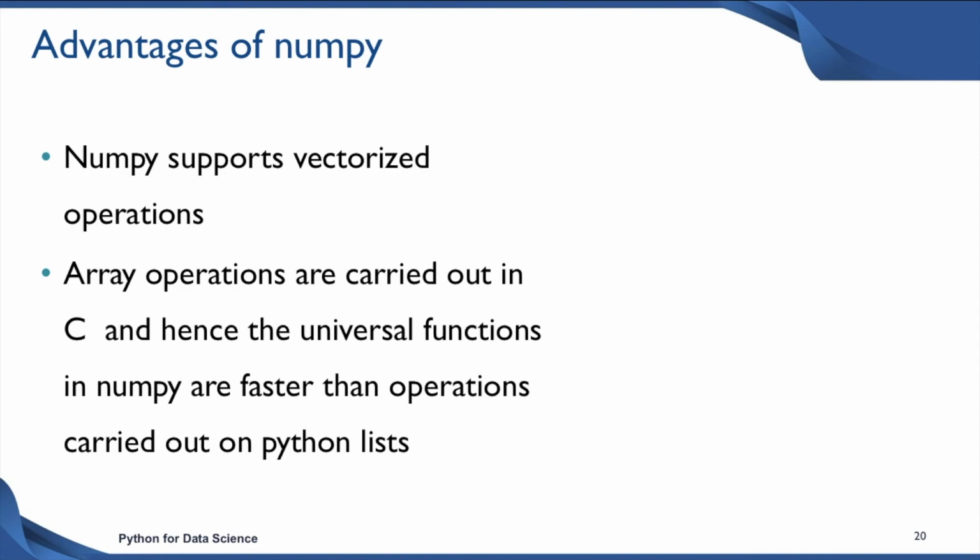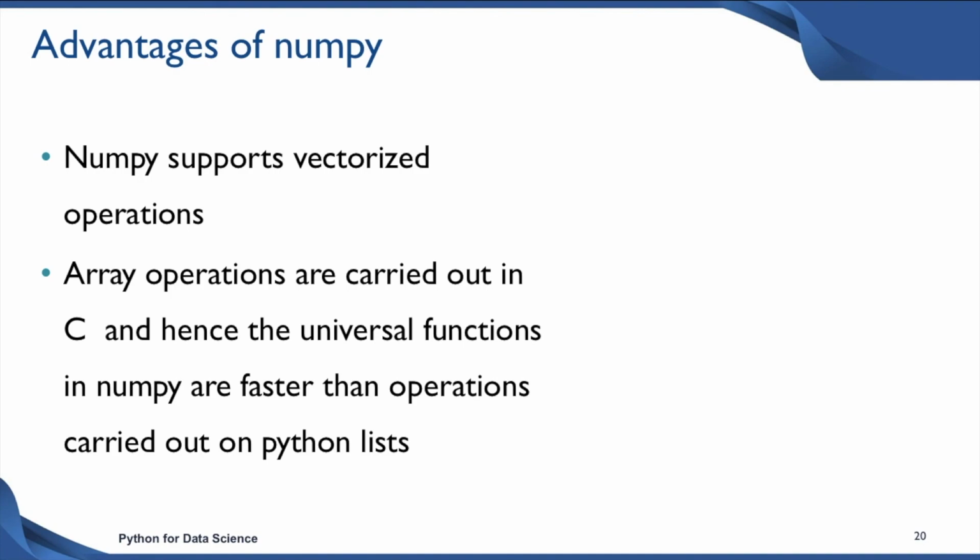Array operations are carried out in C, and hence the universal functions in NumPy are faster than operations carried out on a Python list. Another major advantage is that NumPy arrays hold only integer or floating point values.